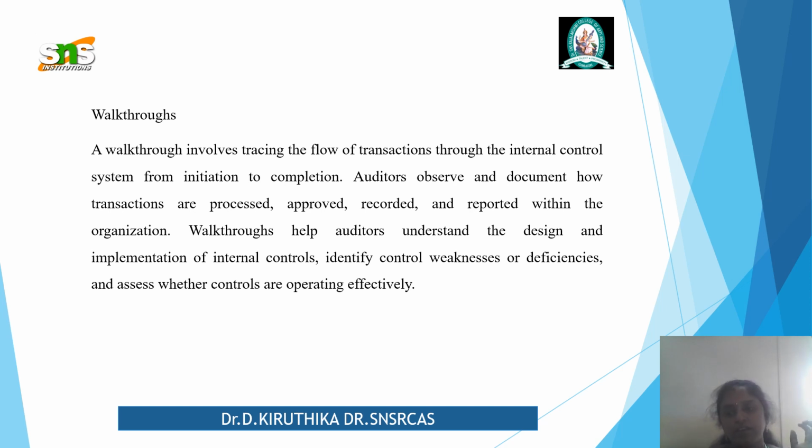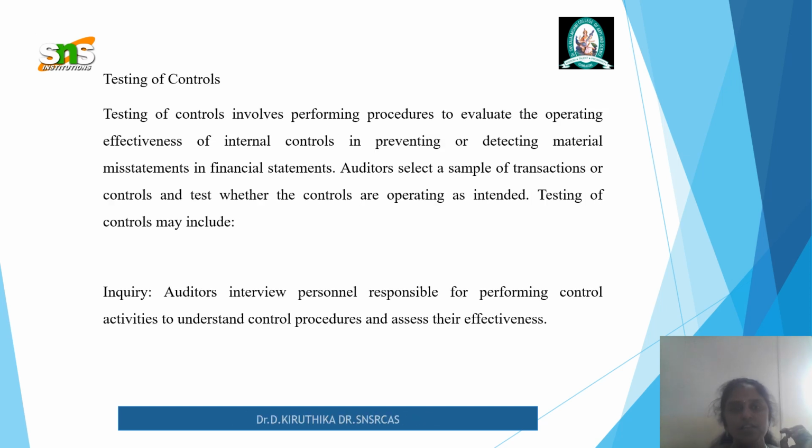And the next method in case of your internal control evaluation is regarding the testing of controls. Okay, the testing of controls involves performing procedures to evaluate the operating effectiveness of internal controls in preventing or detecting material misstatements in financial statements. Why are we going for auditing?